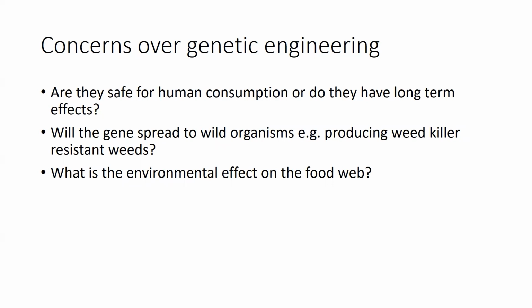So if you make a plant pest resistant by producing a toxin that kills the animal that tries to eat it, then obviously you've then got a knock-on effect on the animal that eats that primary consumer and so on. So you've got effects on the whole food web because you've altered something lower down. So just some things to consider there when you're thinking about the ethics of genetic engineering.